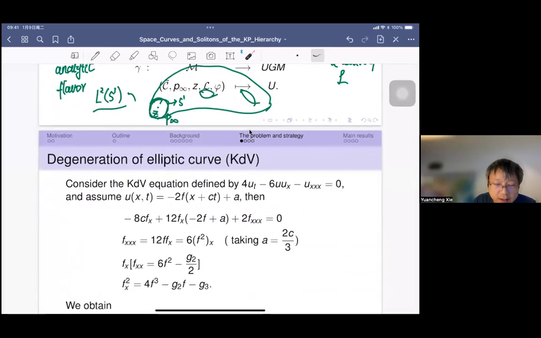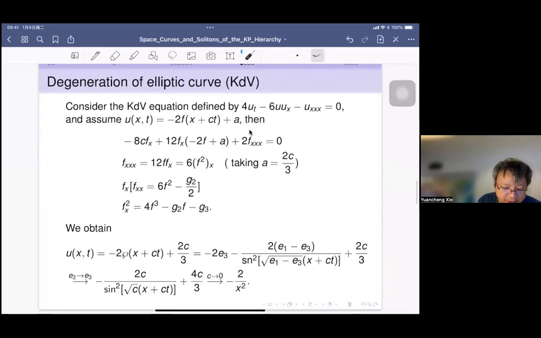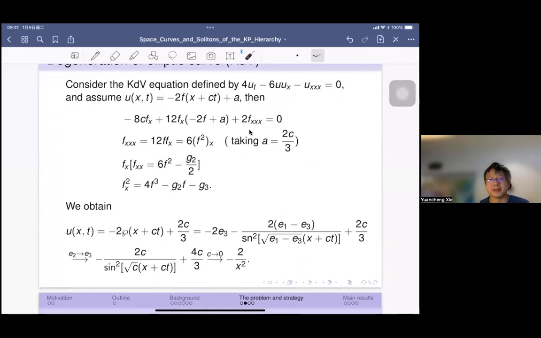Okay, now let's consider a simplistic example. Okay, what we are talking about here. So let's consider a KdV equation that has the following standard form. And then you will assume that this KdV equation has the following solution, u(x,t), a wave solution.